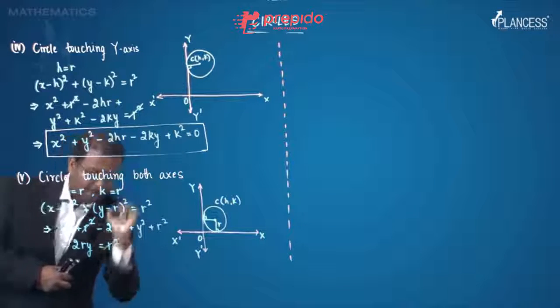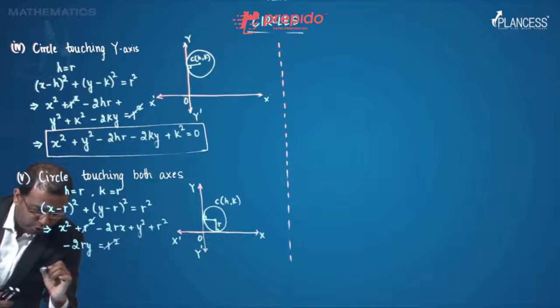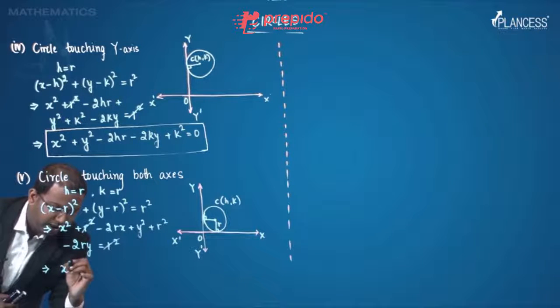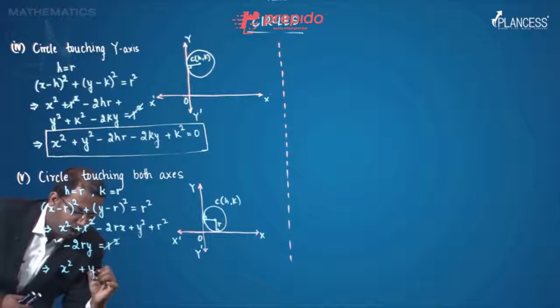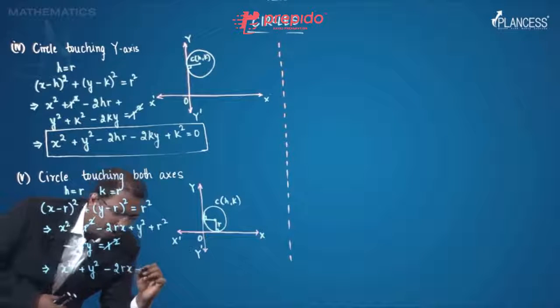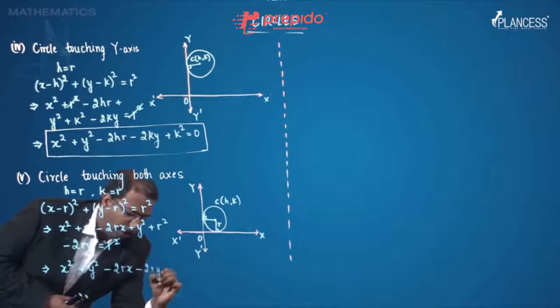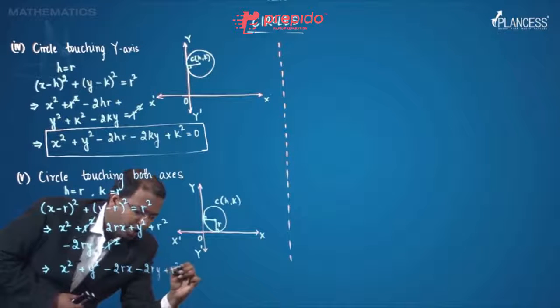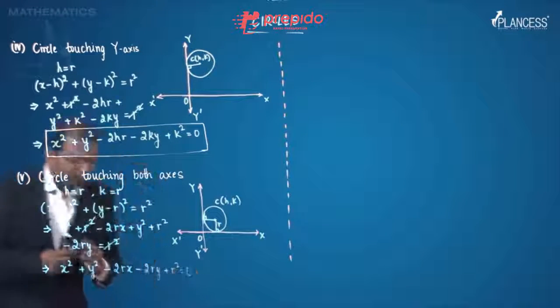So r square and r square we can cancel out, and what we are left with is x square plus y square minus 2rx minus 2ry plus r square is equal to 0.